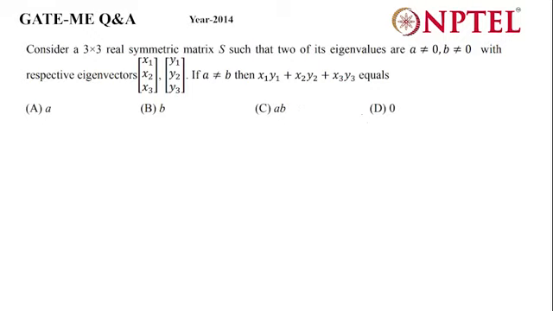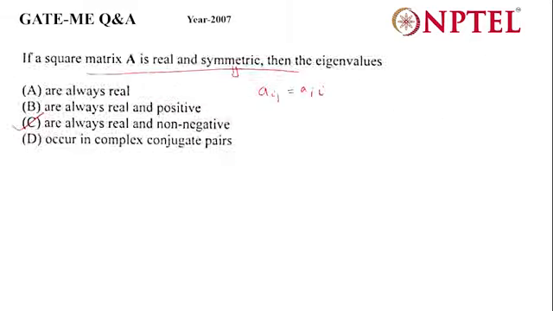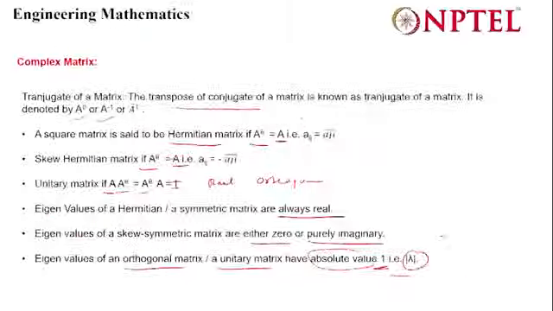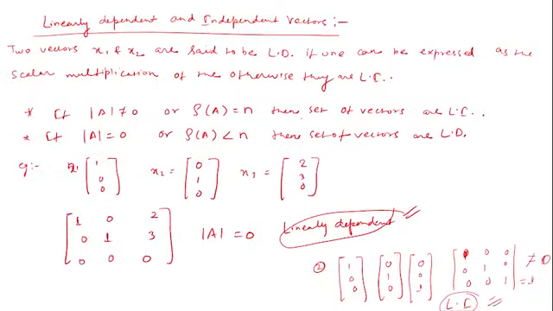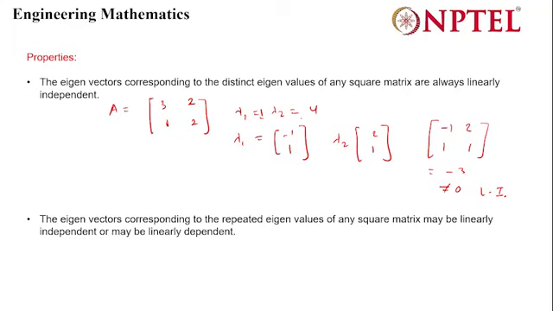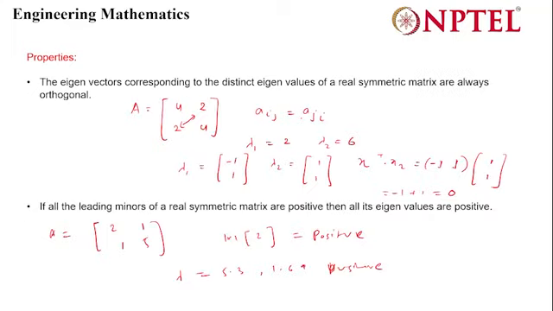D, D. Yeah, 0 is the correct answer. Before solving this question, we'll again look at one property that we have seen in the previous session. The eigenvectors corresponding to the distinct eigenvalues of a real symmetric matrix are always orthogonal.